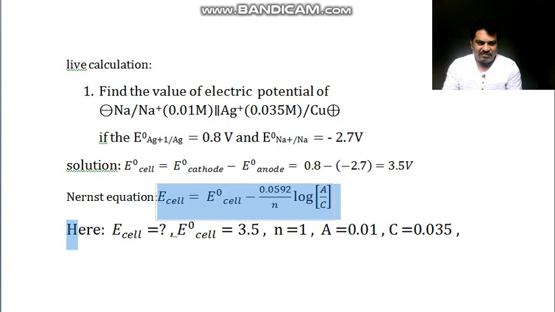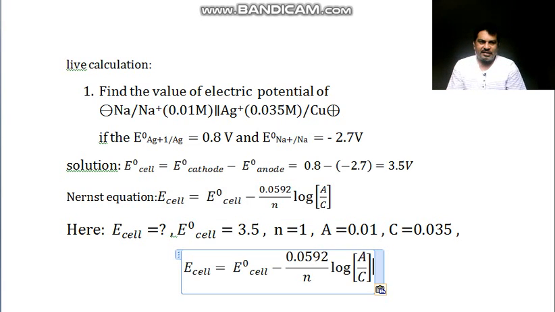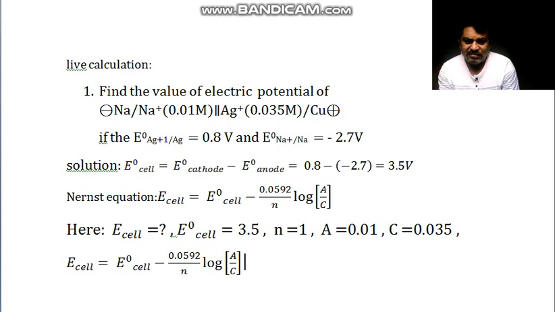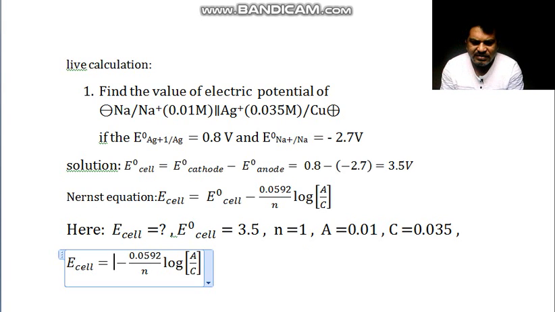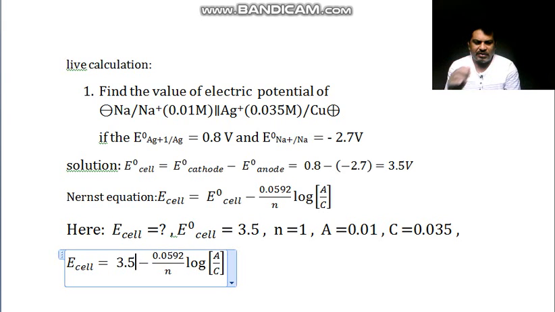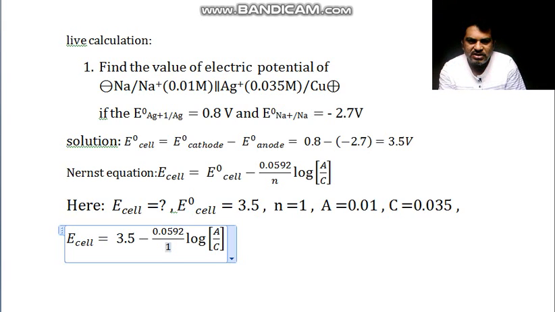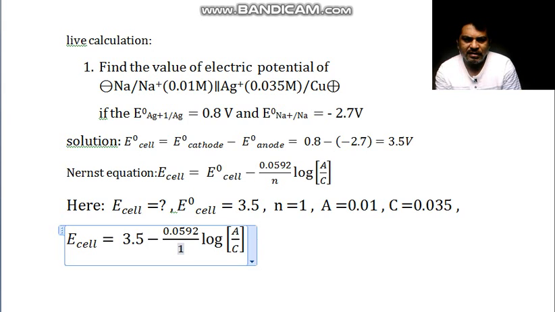I will write the Nernst equation again, and then we will put the values. Here I have written the Nernst equation. For E cell we have to find, the value of E degree cell we just calculated is 3.5. The value of n was 1, so in place of n I am writing 1. For your betterment I will enlarge this.